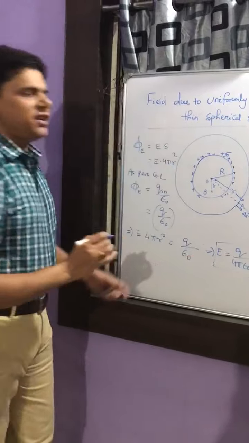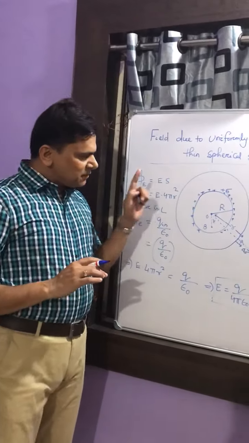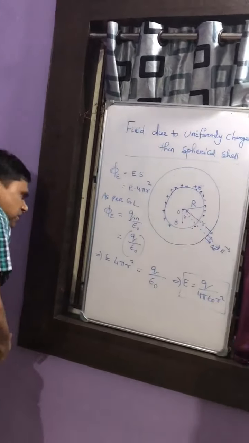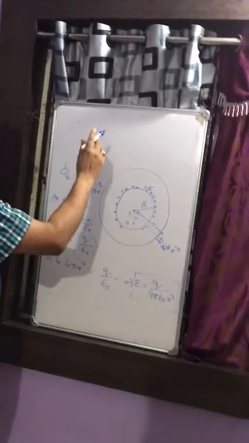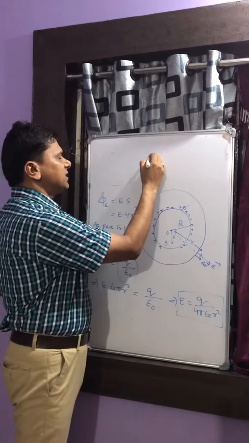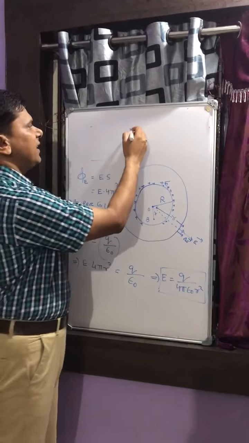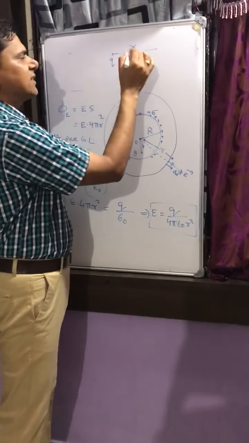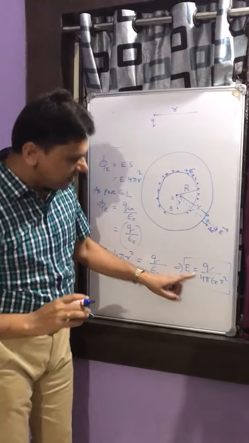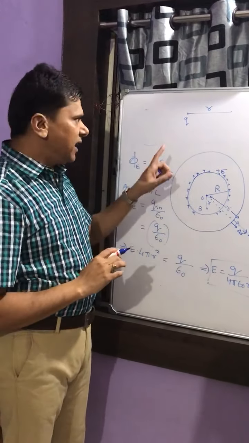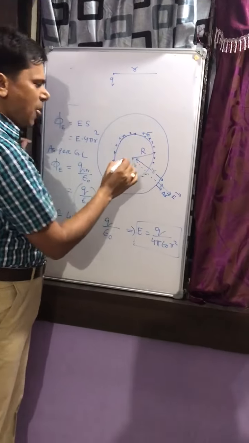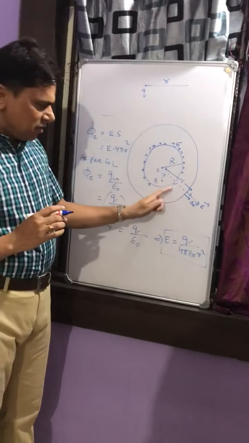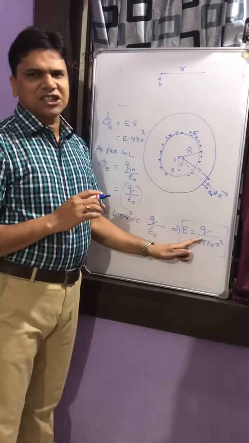One interesting point here is that it is similar to a point charge. Suppose we have a charge q here, and at a distance small r from this, the electric field would have been this much. That means if we have a charge small q here at O, at distance r, we would have obtained this much electric field.